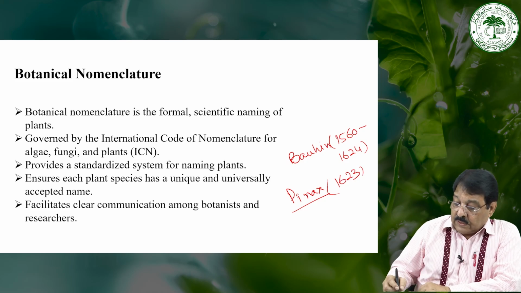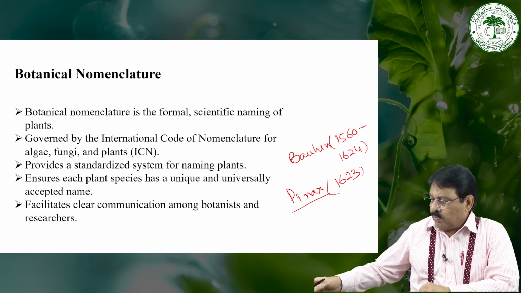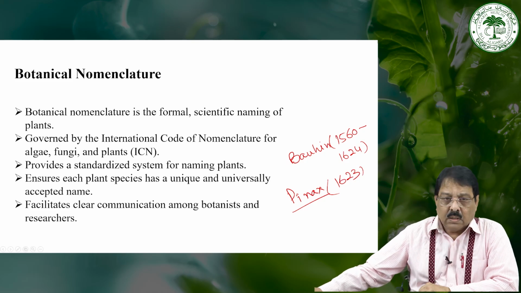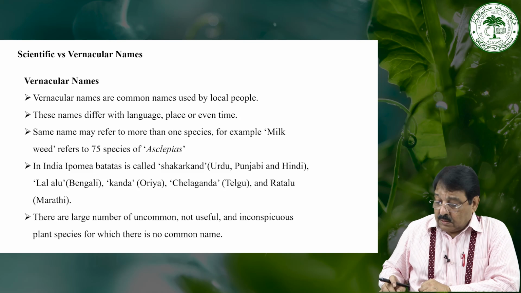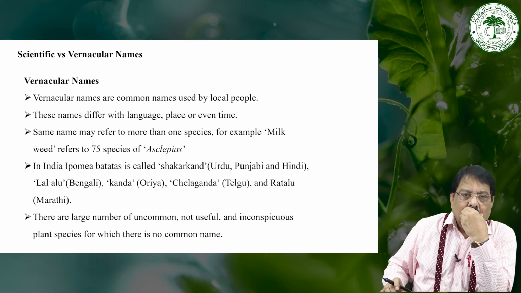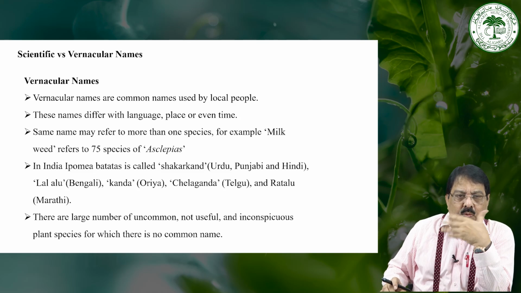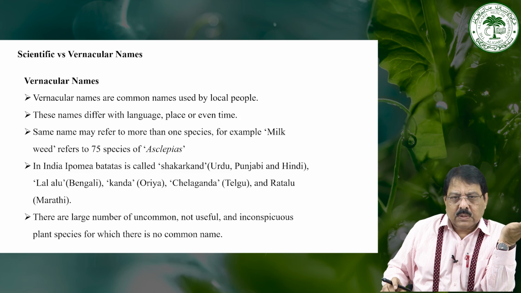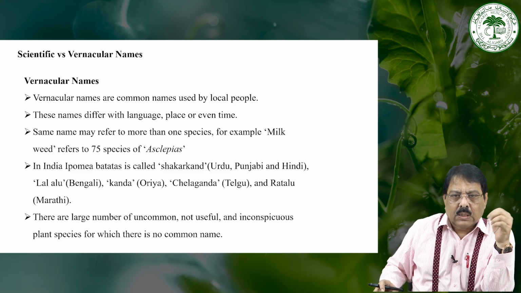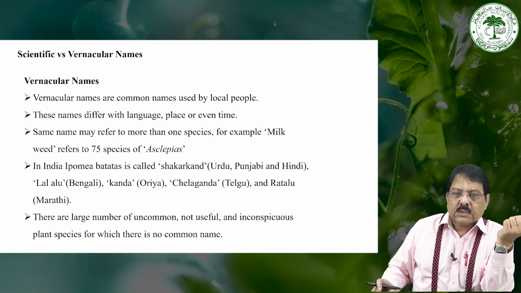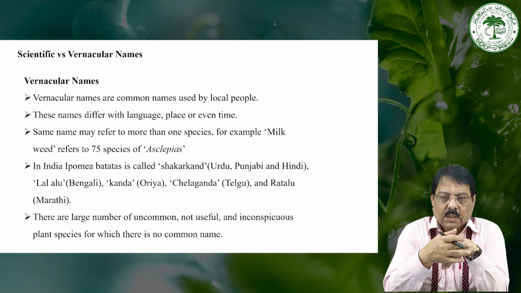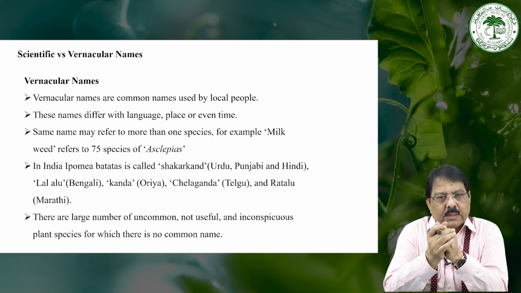After that, the workers faced the same problem. Vernacular names were also used in some cases, but these don't have any value, because they were known in local languages, and there are different languages in different countries and places, so they have no place in nomenclature.